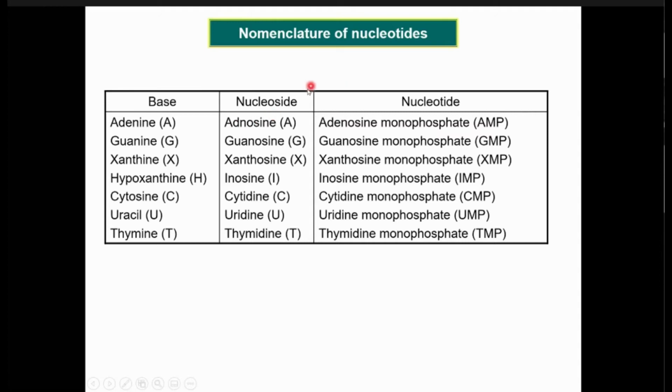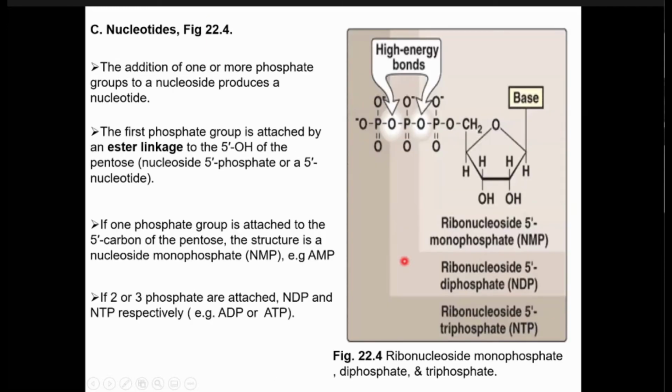When I add the phosphate to adenosine, it becomes adenosine monophosphate. Guanosine monophosphate. And this is a nucleotide. A nucleotide is different from a nucleoside because it has a phosphate in it, etc. Inosine monophosphate is the same principle.